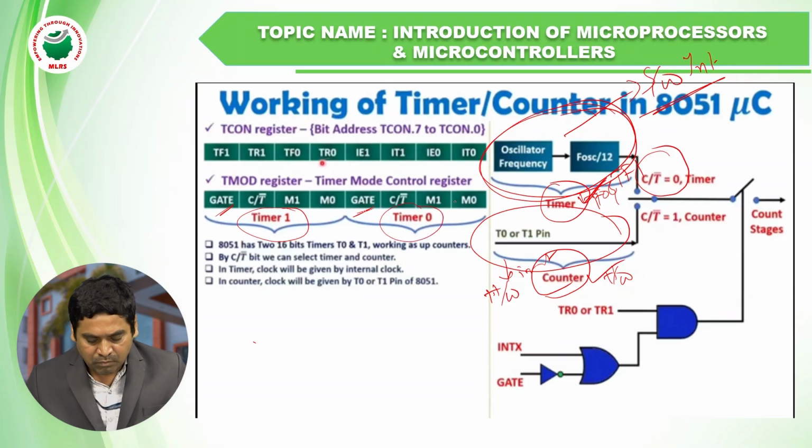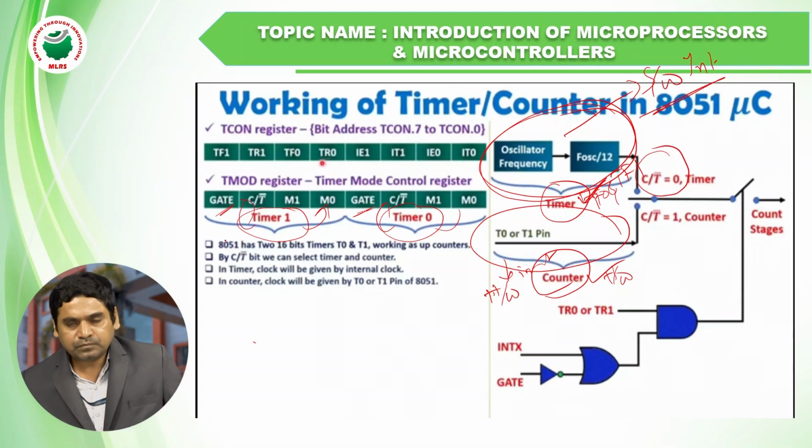This M0, M1 is of timer 0, and this M0, M1 is of timer 1. This C/T bar is of timer 1. These are the 8 bits of the timer mode register. In this, M0 and M1 decide which mode is working.